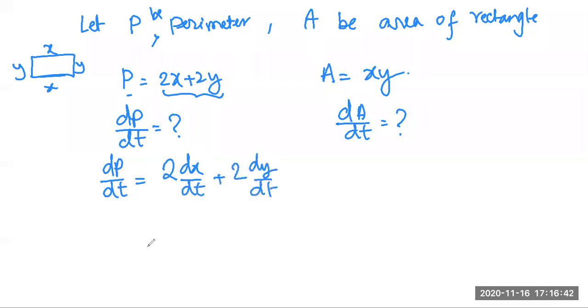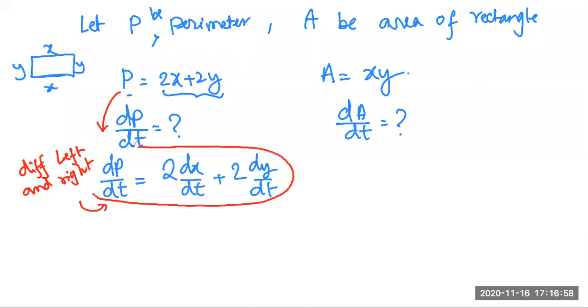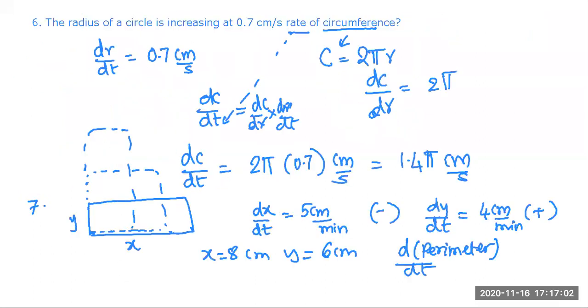So what I did, I differentiated the left side and right side of this, and that's when we get it like this. So he said we wanted dp by dt when x is equal to 8 centimeters, y is equal to 6 centimeters.